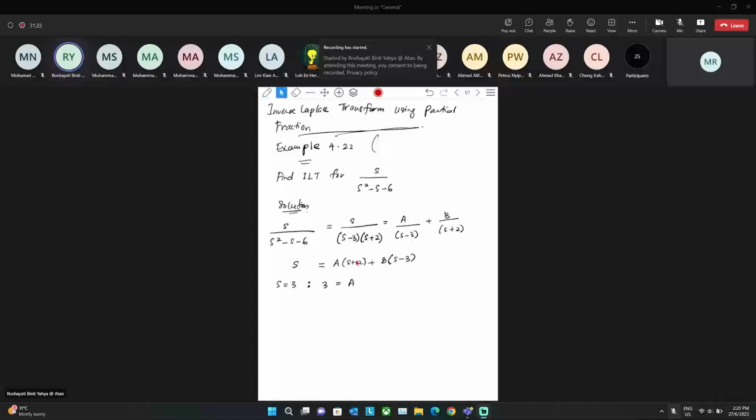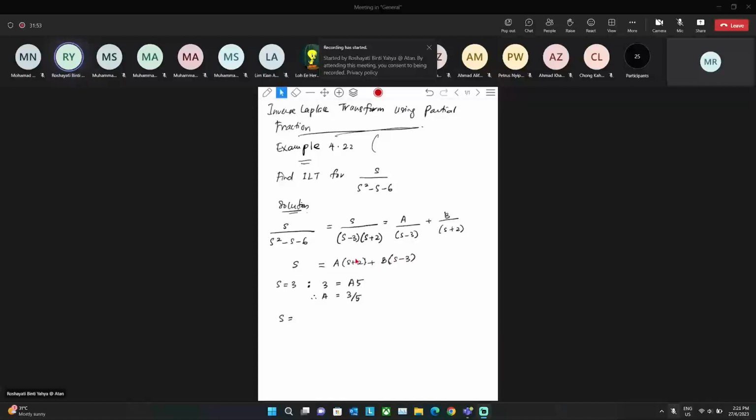For this part, 3 plus 2 equals 5, so that A equals 3 over 5. Then s equal to minus 2. Why do we choose minus 2? Because minus 2 plus 2 becomes 0, so that we can solve for the B value.